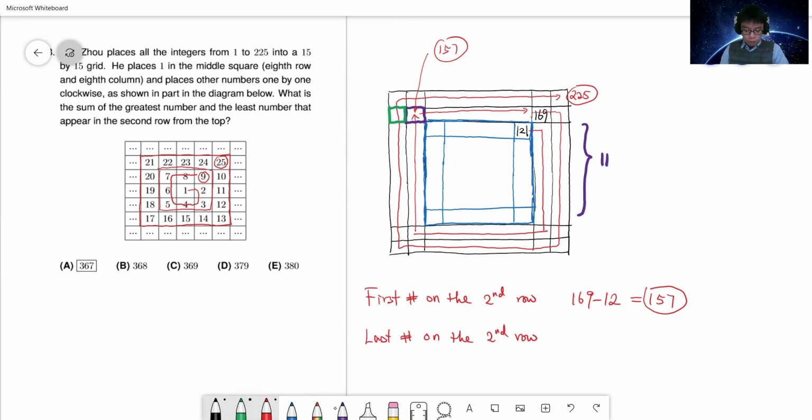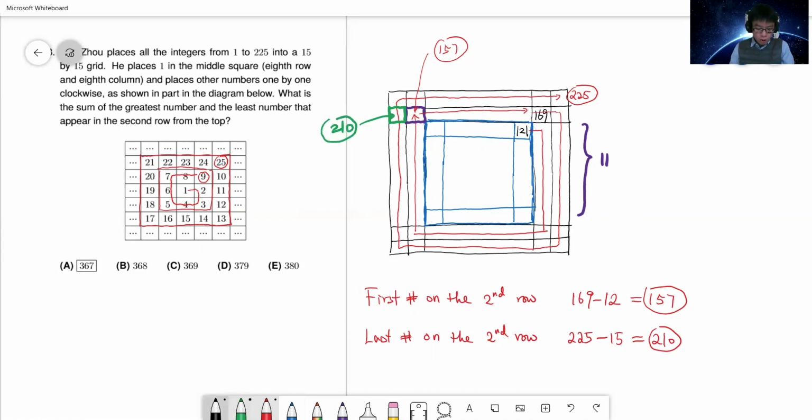So still we can start from 225 and then turn back by 15 steps. That gives you 210. So the last number on the second row, which is the largest number, would be 210.